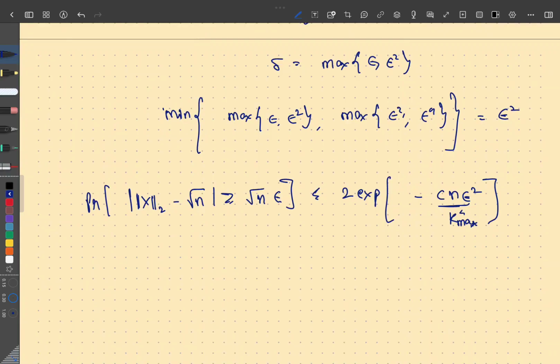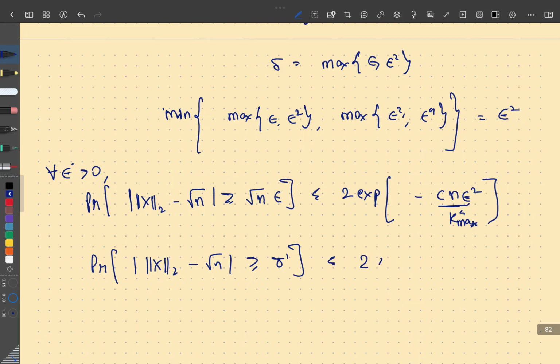Right? And this holds true for every epsilon greater than 0. So basically, just by changing the variables, norm x minus square root of n greater than or equal to some delta prime is less than or equal to 2 times e to the power minus some universal constant times delta prime square divided by k max to the power 4.